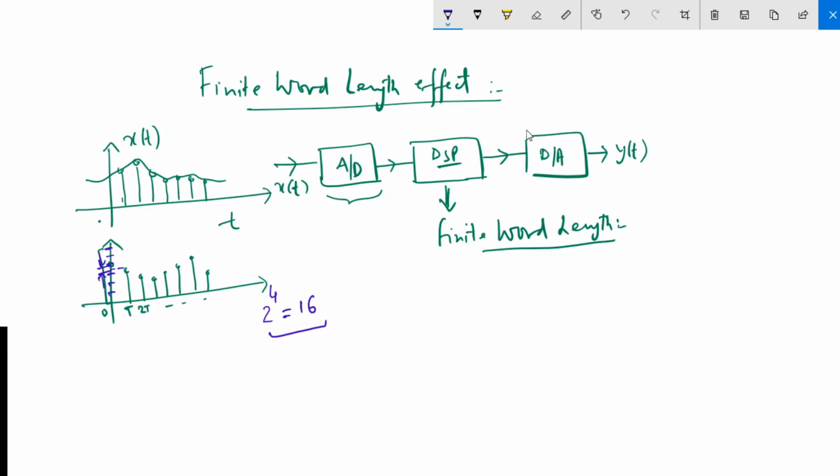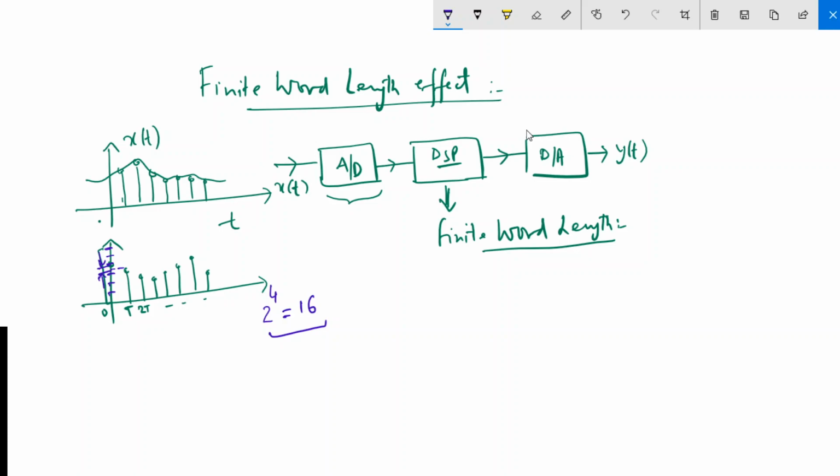This is what is called the finite word length effect, or the quantization error. So this error you cannot remove in DSP. Once it goes into the DSP block, you cannot recover this error. And this error is because you have a finite number of bits.